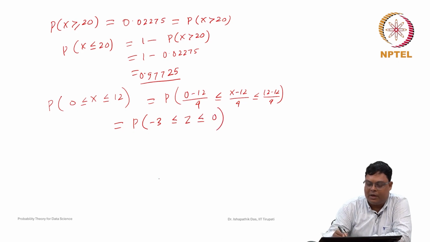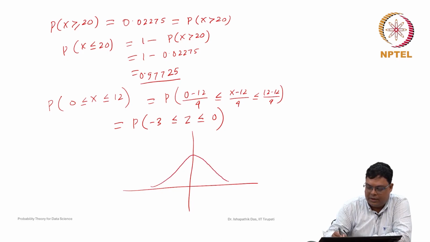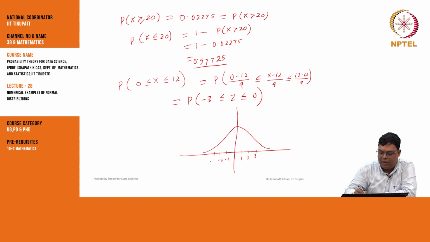So, this probability, if you take the normal distribution curve, I am trying to draw it approximately to understand this. Suppose this is 1, 2, 3 and minus 1, minus 2, minus 3. Then it is asking the probability that z is between minus 3 and 0.